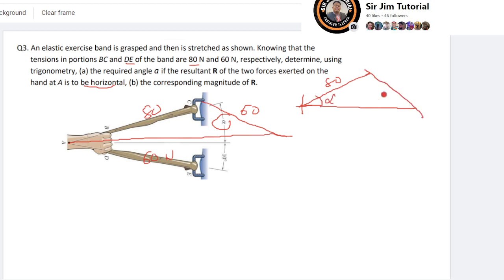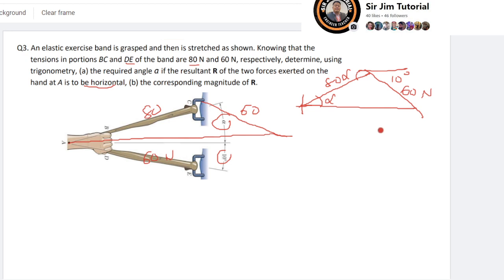And then over here, we transfer, this has an angle of 10 degrees, this is for 60 Newton. So it follows this is also alpha.